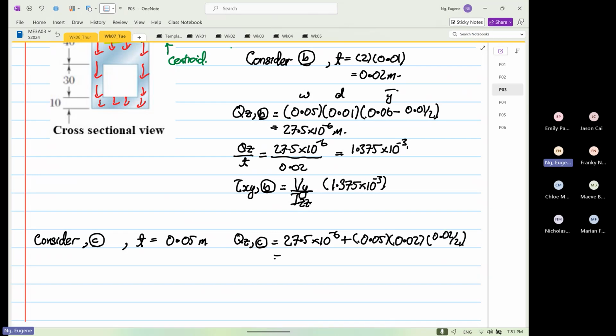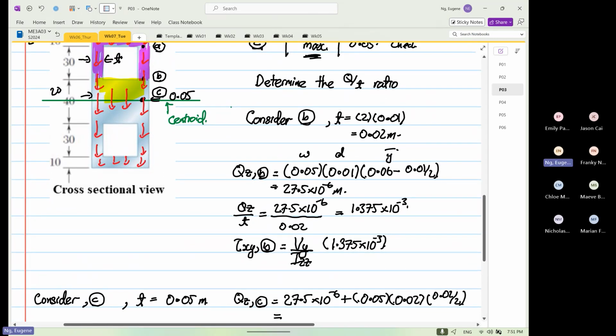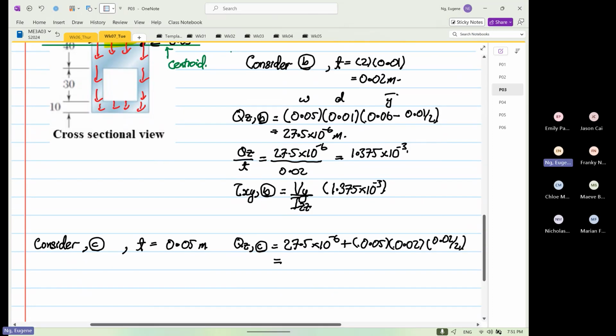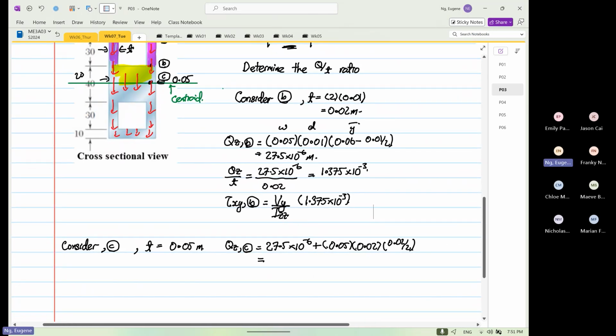So this will be equal to 0.02 divided by 2 times 0.02 times 0.05 plus 27.5 times 10 to the power minus 6, is equal to 37 point... Hold on, did I do it correctly? Hold on, I'm checking my calculation. 27.5 times 10 to the power minus 6. So Qz at the centroid.